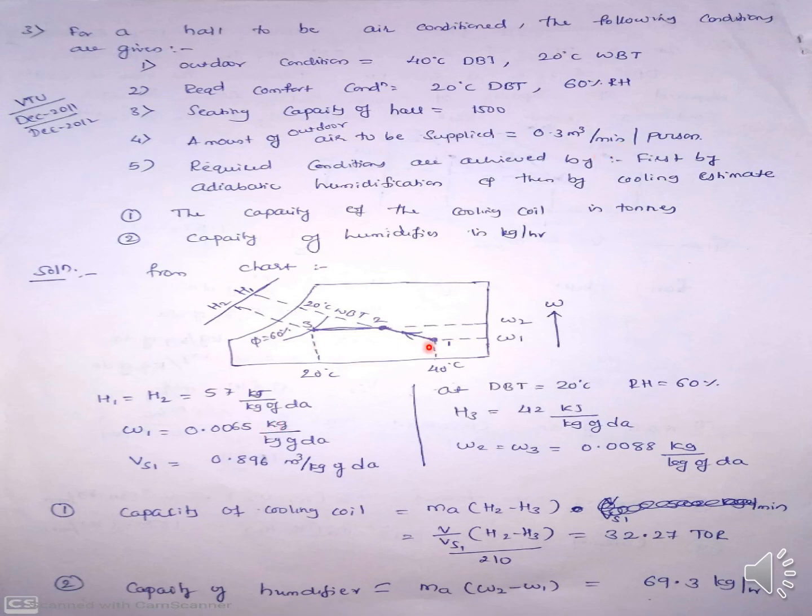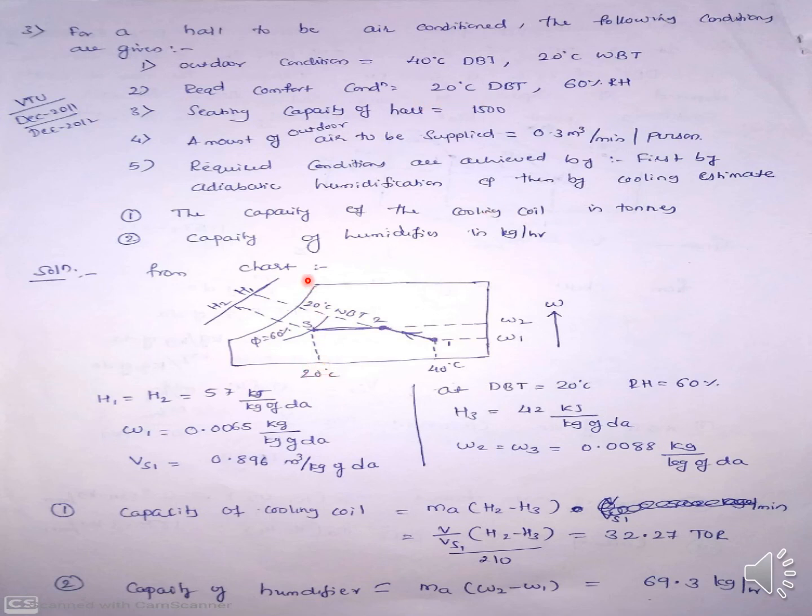Right. Initial outdoor conditions are 40 and 20. So 40 is here, 20 WBT. See here, WBT is on this line. So note down WBT and 40, and wherever it cuts, draw the first point. For the third point, the final condition is 20 degree DBT, 60 RH.